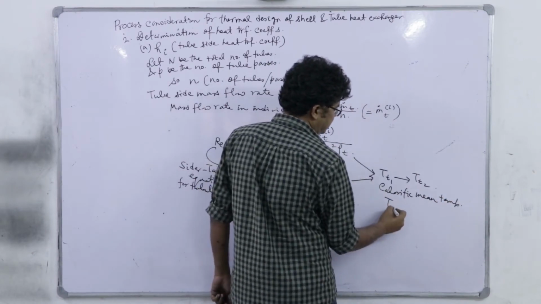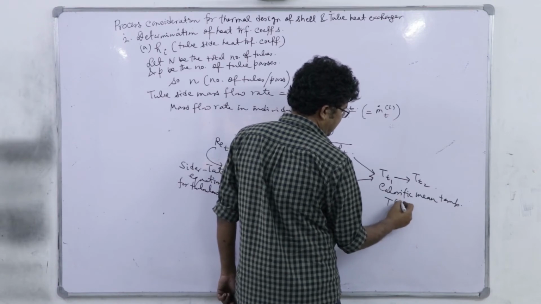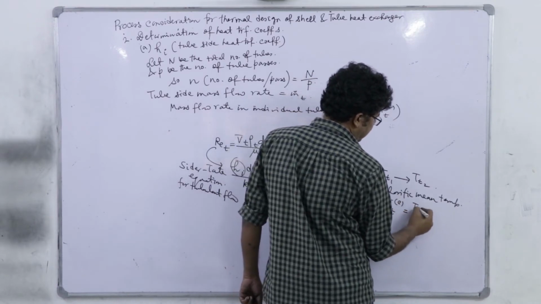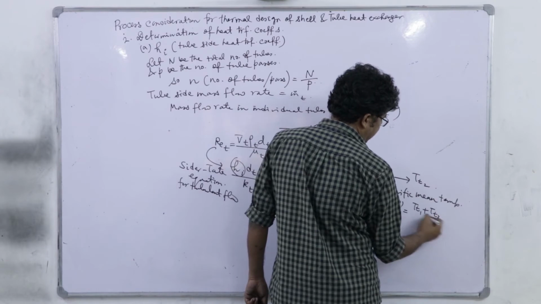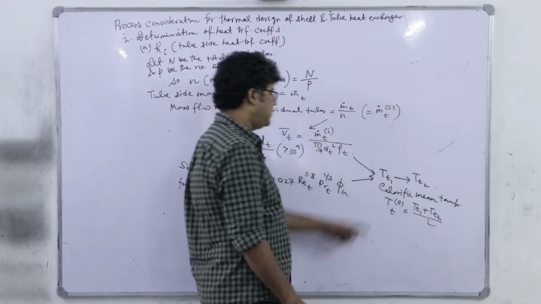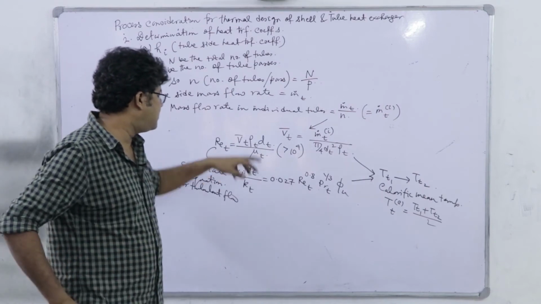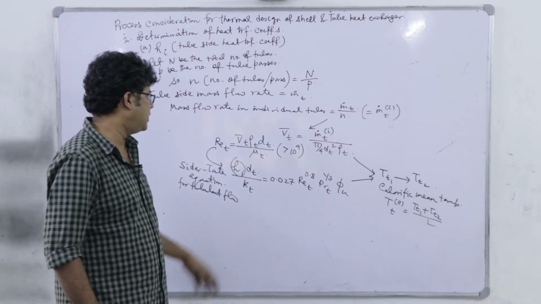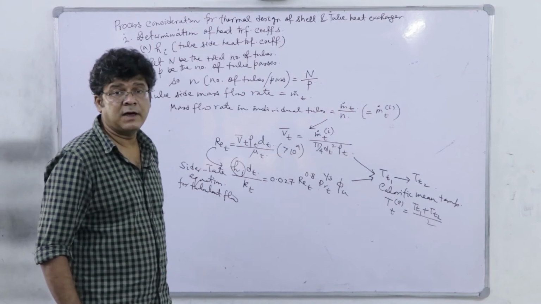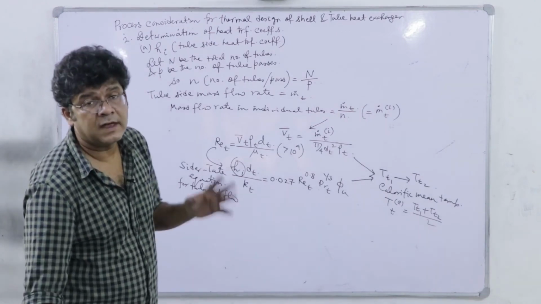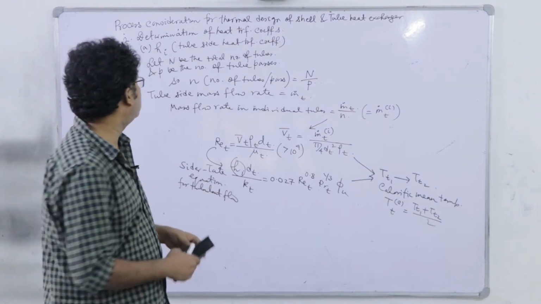So, the tube side calorific mean temperature is simply the arithmetic mean of inlet and outlet temperature. With that we can proceed, get the property values of this tube side fluid, and from there correctly evaluate this HI. So, that is the inside heat transfer coefficient.